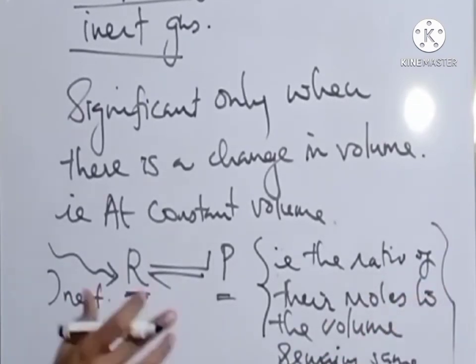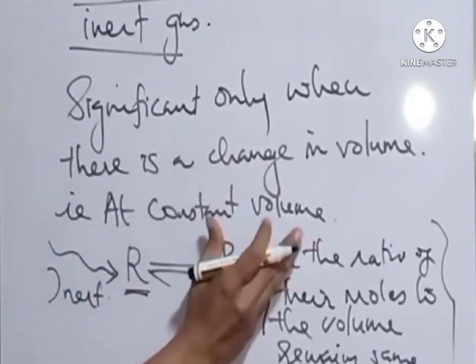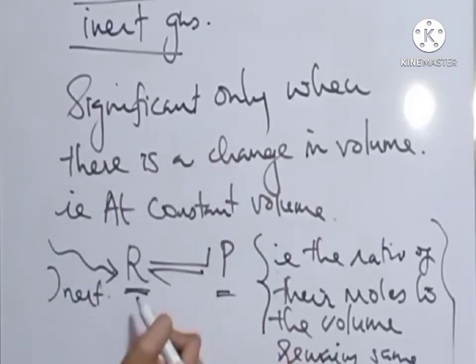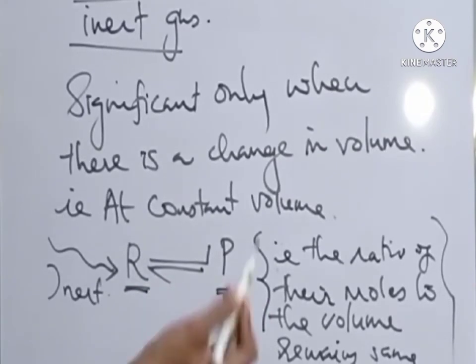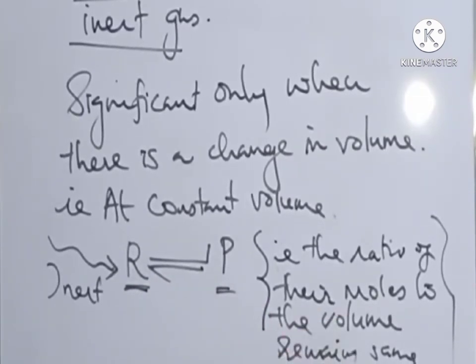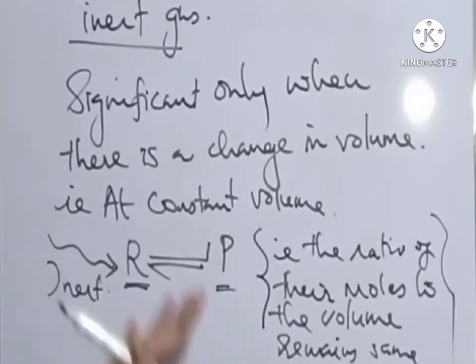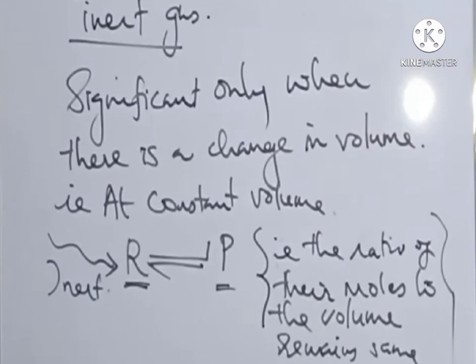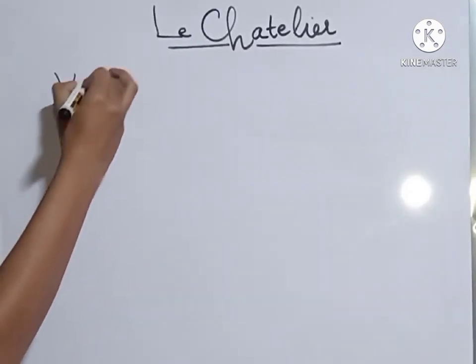So if we add inert gas into an equilibrium reaction at constant volume, the concentration of the reactant and the product will not change. So there is no significant change in the equilibrium reaction. Next we have to check what happens when volume changes.